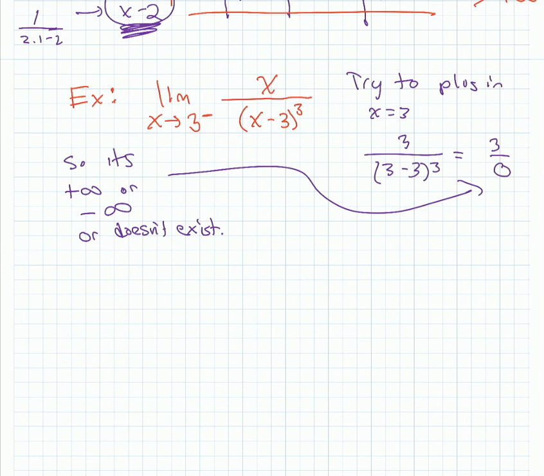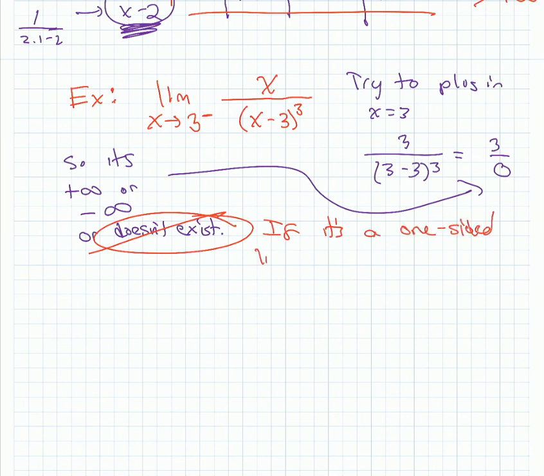Now, if it's a one-sided limit, then that last possibility is not an issue; it will exist.